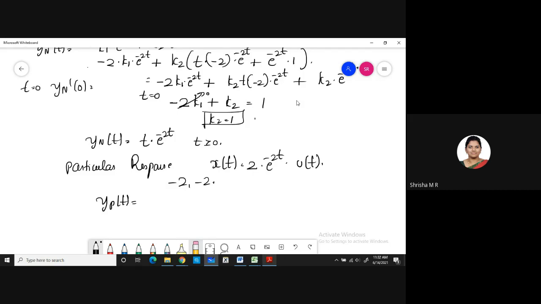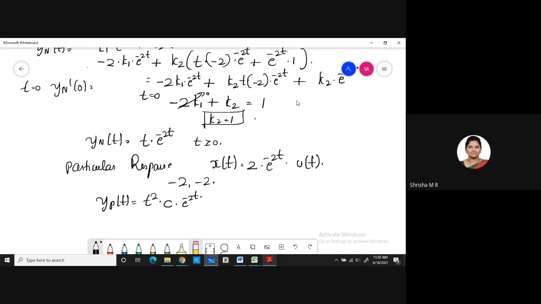What is yp of t? It will be t square into c into e power minus 2t. Got it, everyone? Clear? Yes, ma'am.